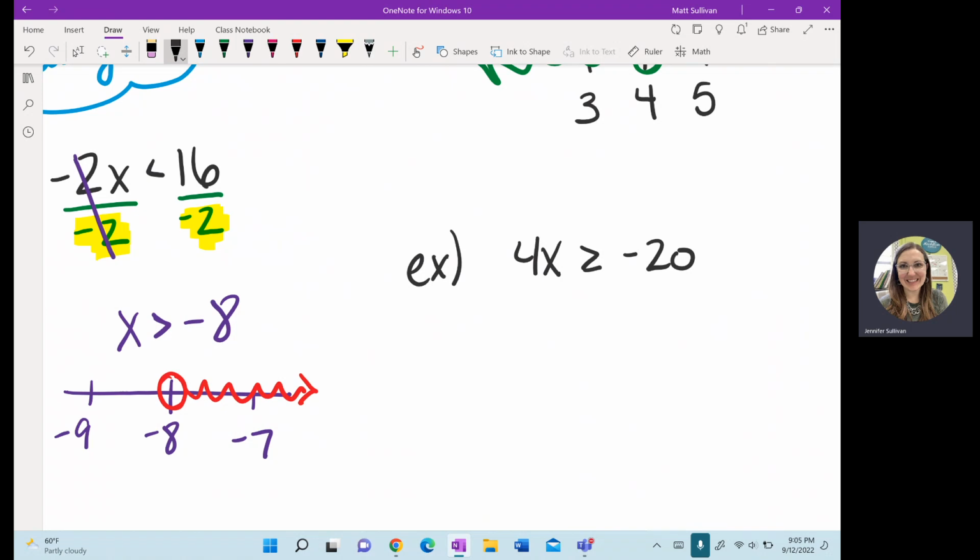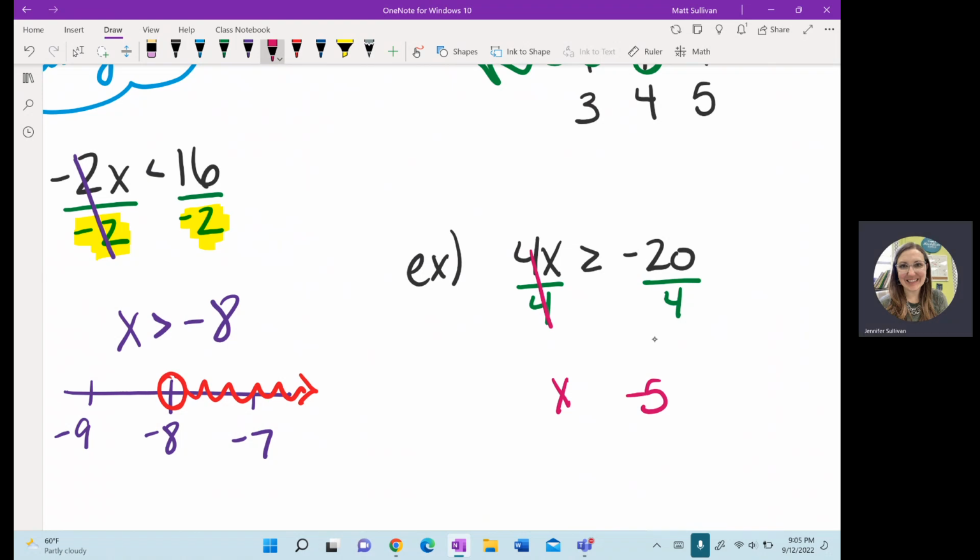I'm multiplying by 4. How do I undo multiply by 4? Divide by 4. Okay. Well, my multiply by 4 and divide by 4 cancel. So I got x, and I've got -20 divided by 4 is -5.